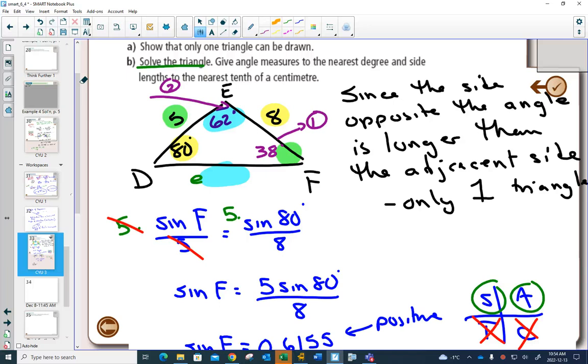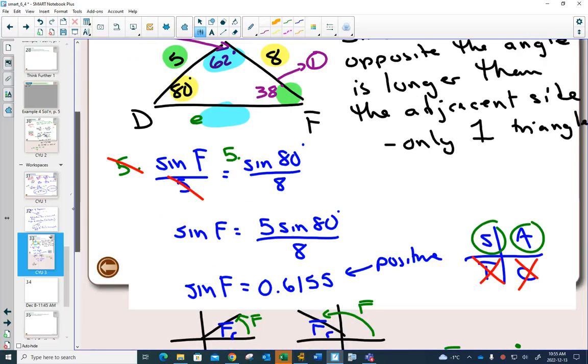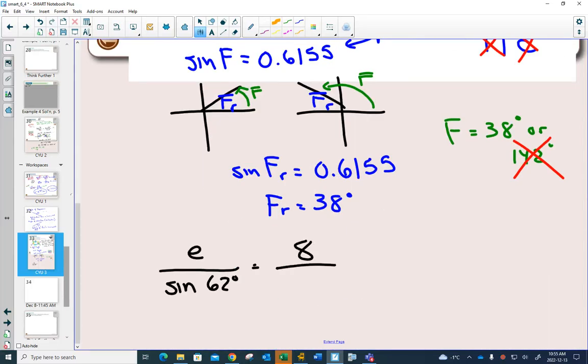Technically, the yellow pair is better because those ones are written in black. Those ones were given originally, so we know that they're exact. The purple pair, the green highlighted ones, the 38 we rounded, so it's not perfect. So it's better to use the yellow pair. So I go back down here and I say, well, the yellow pair has an 8 and a sine 80.